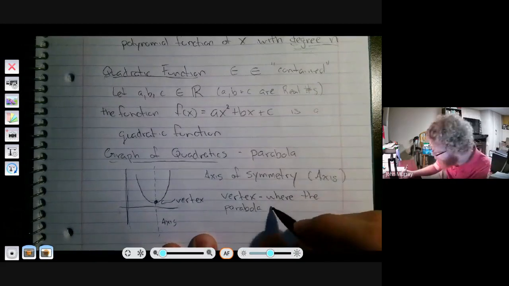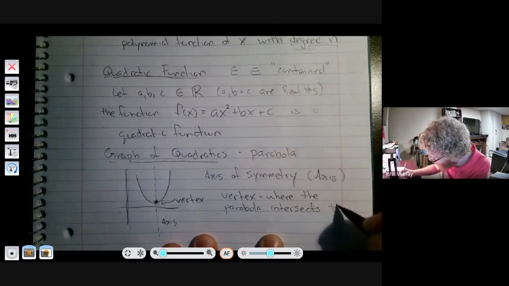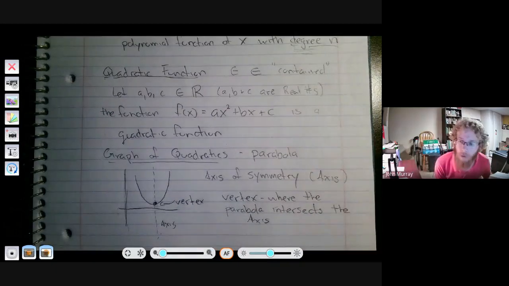It is the point where the parabola intersects the axis.